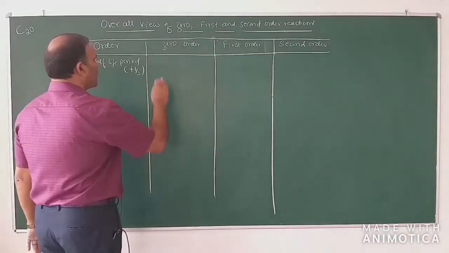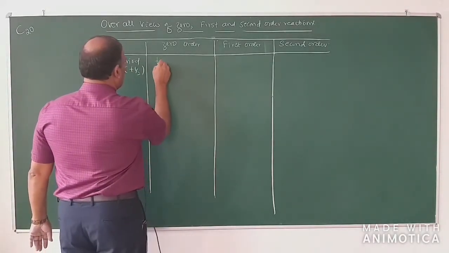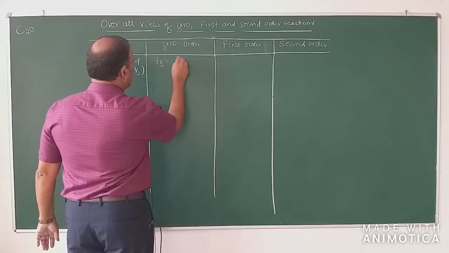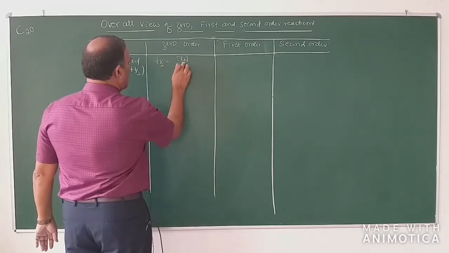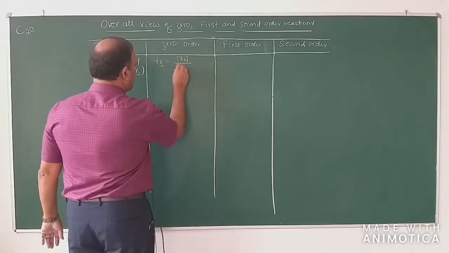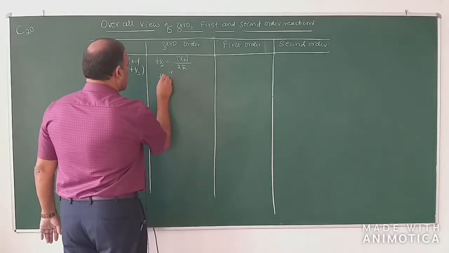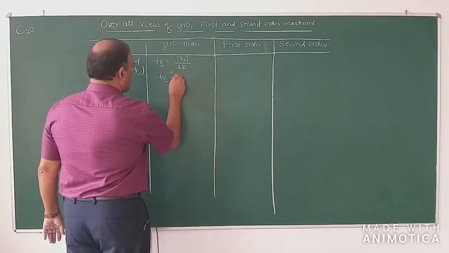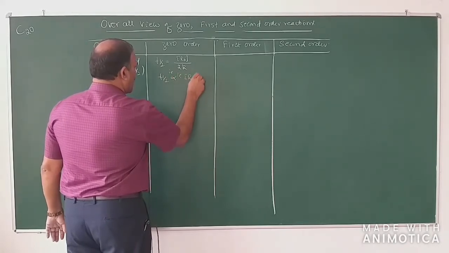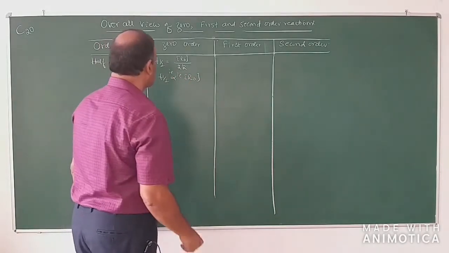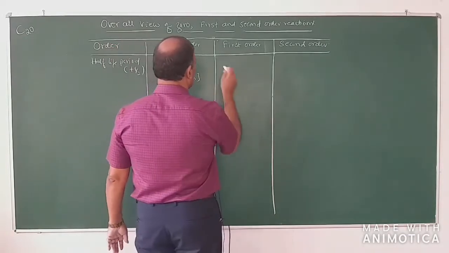What is half-life period for zero order reaction? t1/2 equals R naught, initial concentration, divided by 2K, that is t1/2 is directly proportional to R naught. t1/2 is directly proportional to initial concentration.